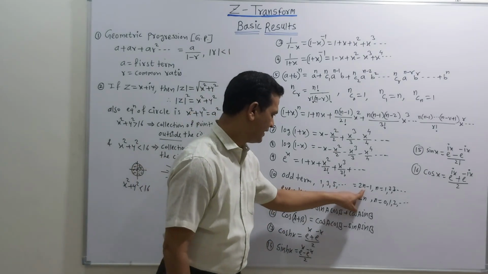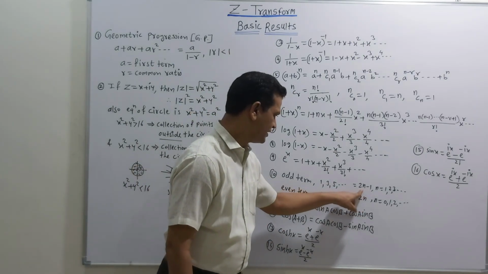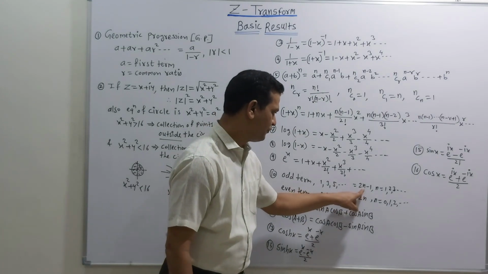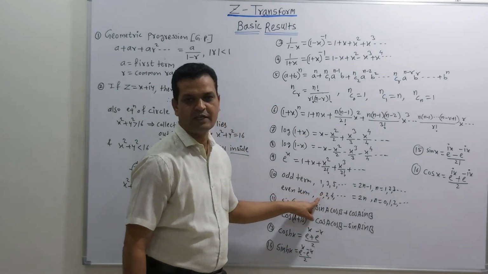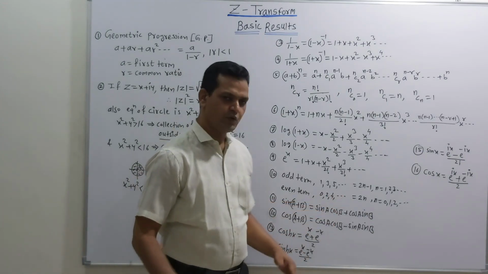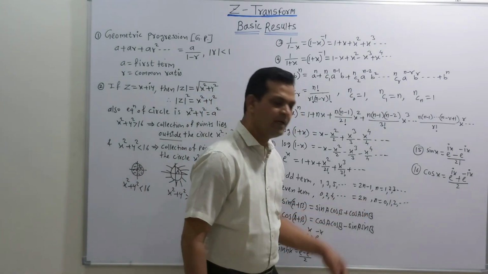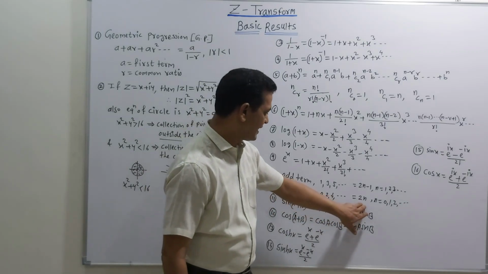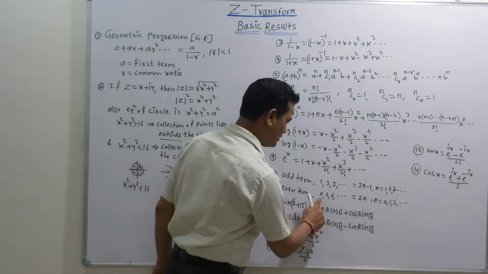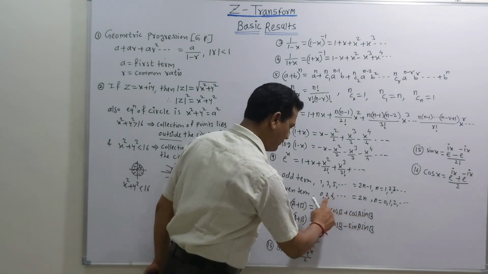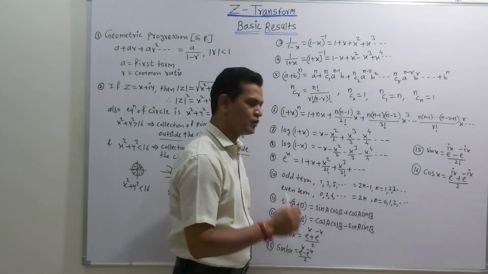If n is equal to 1, we get 2 minus 1 is 1, so we get the first term. If n is equal to 2, 4 minus 1 is 3 and so on. Similarly for even terms 0, 2, 4 and so on, we can write the even term with the help of the standard result 2n, where n starts from 0. If n is equal to 0, we get 0. If n is equal to 1, we get 2 and so on.